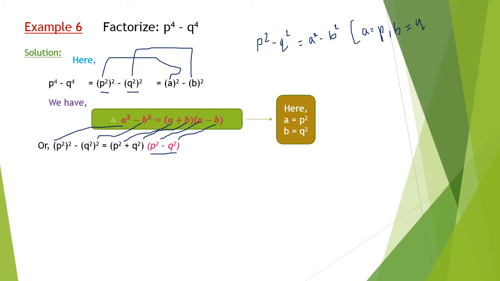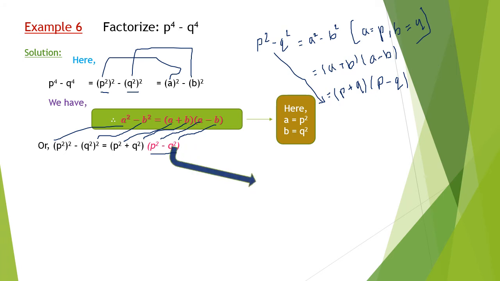Now applying the formula, a plus b and a minus b, our a must be replaced by p and b must be replaced by q. On further factorization, what we are going to get is p plus q and p minus q. So we must include this p plus q, p minus q in our answer. Now let's proceed.